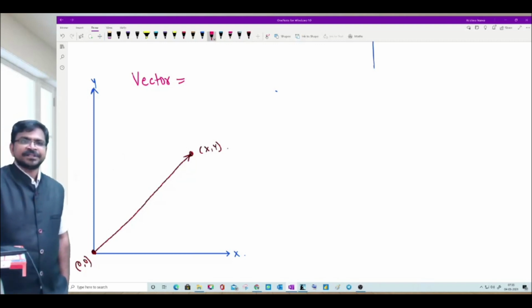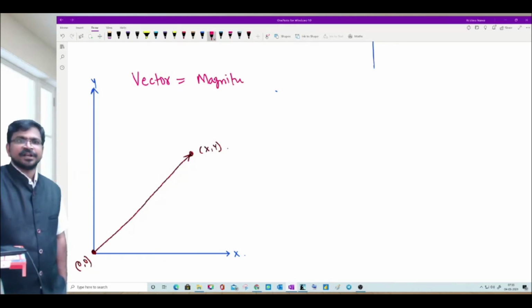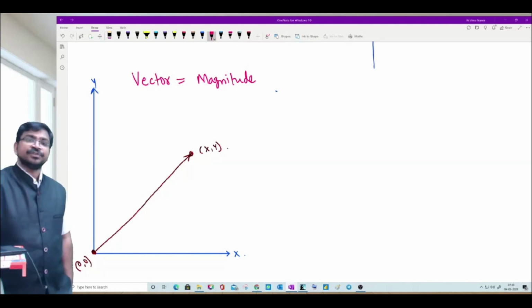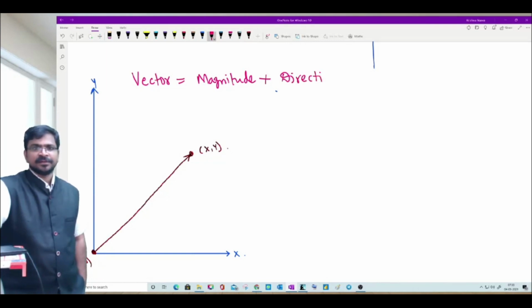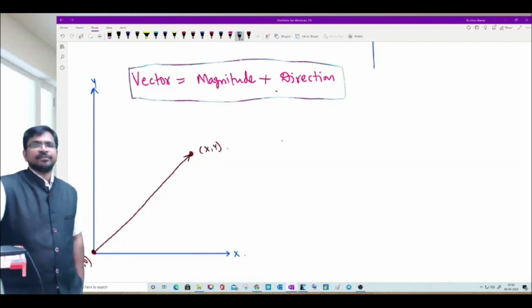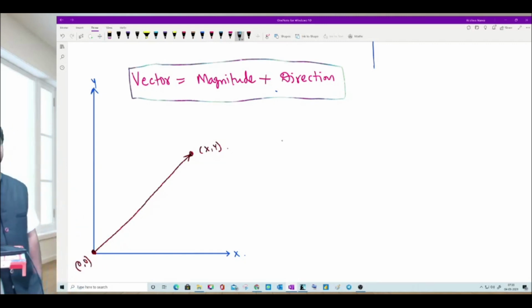Vector means quantities which can be expressed in terms of both magnitude and direction. Magnitude and direction is the vector.